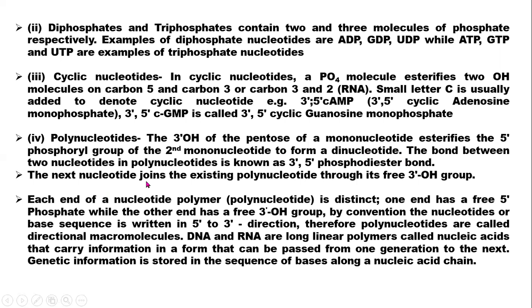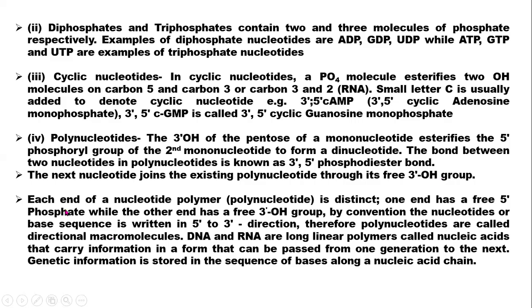So the bond between the two nucleotides in a polynucleotide is known as the 3', 5' phosphodiester bond. The next nucleotide joins the existing polynucleotide through its free 3' OH group.